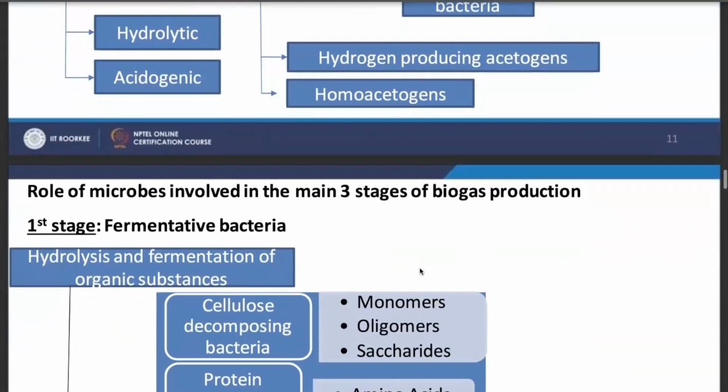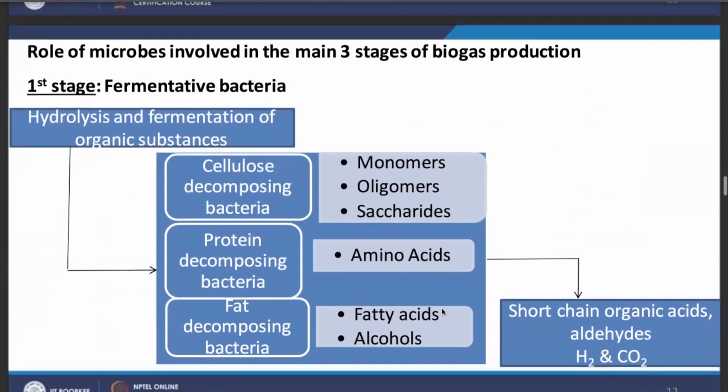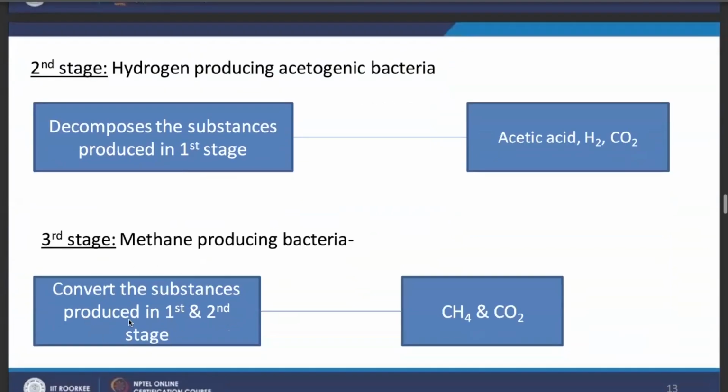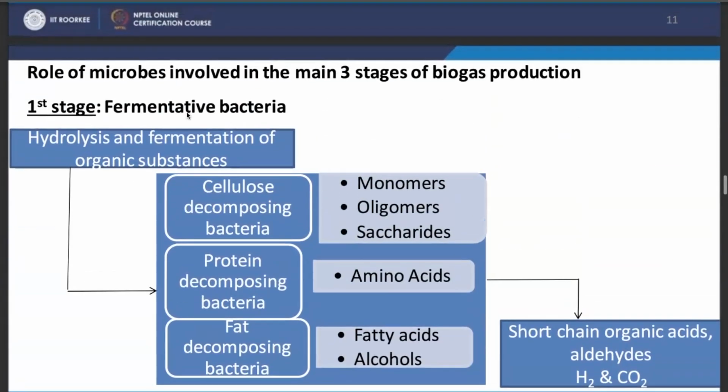Now we will see some of the roles involved in the main three stages of biogas production. And what are the three stages? The hydrolysis and fermentation, the decomposition into short fatty acids, and at the end, getting the products into biogas or methane form. So in the first stage, we use fermentative bacteria and also the ones which do not produce methane, so they are non-methane producing microbes.